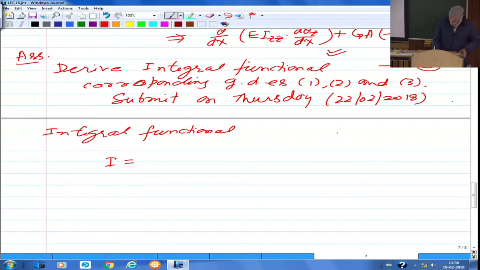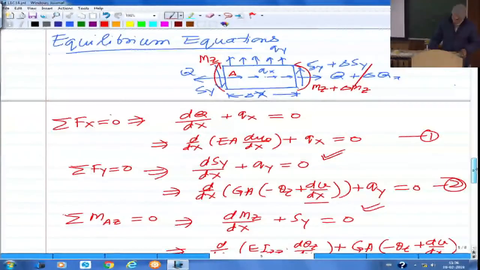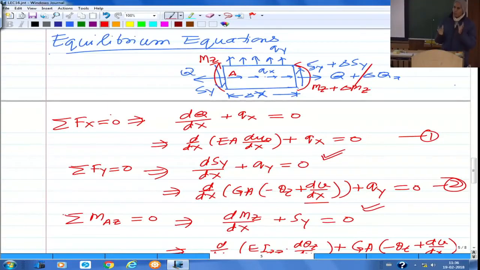Keep in mind that we are now going to do this for a finite element, not a differential element. In the previous case, we had a differential element of length delta x. Element means some part of the component or structure or domain or continuum, and if the size is finite, we call it a finite element.